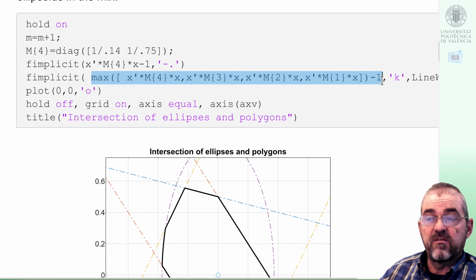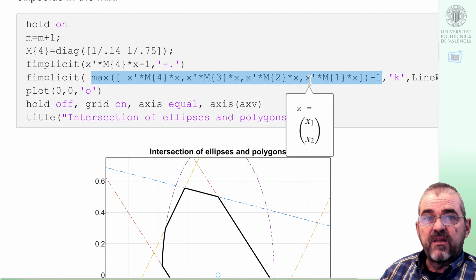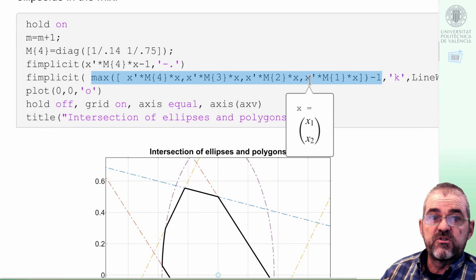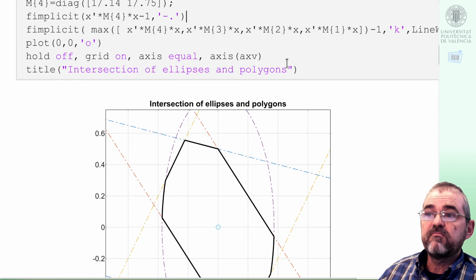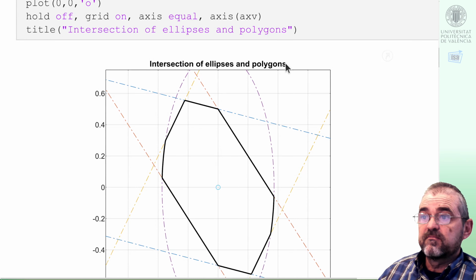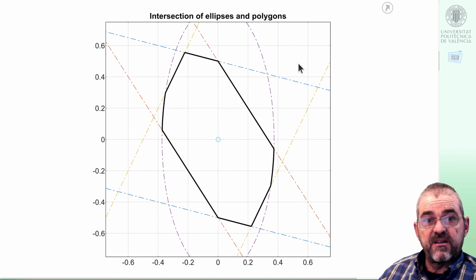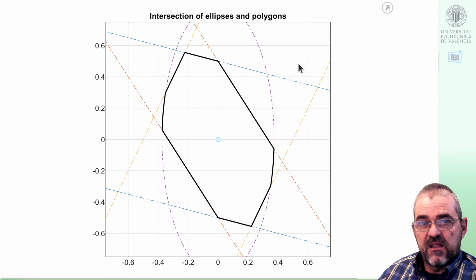I am plotting the boundary of the maximum of all 4 things that must be less than 1 to be in the required region I wish to explore. So with this, we have defined this black shape as the intersection of 4 ellipses, 3 degenerate ones and 1 standard non-degenerate ellipse.